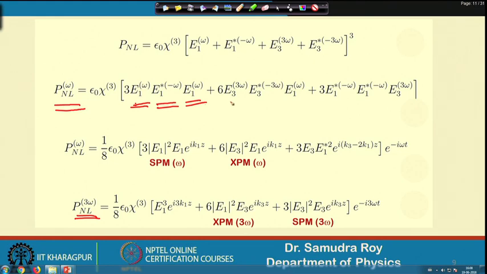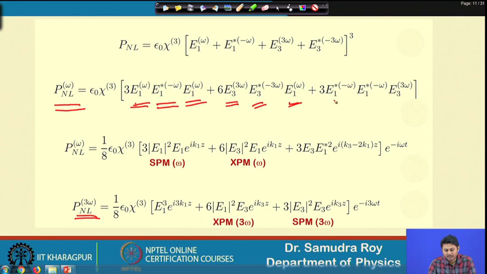Also we have E3 star, which gives a 0 omega component, and then multiplied by E1 omega we will have the omega component. What we need to do is add whatever is written in the bracket and check whether you get omega or not. If you have omega, then these are the omega components, so the total contribution of these terms has frequency component omega.